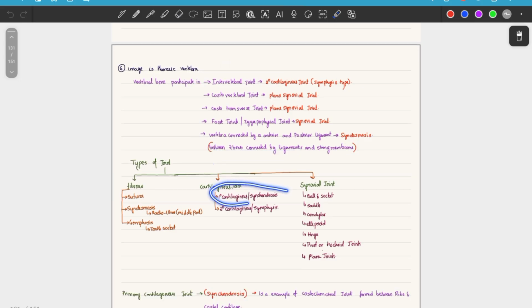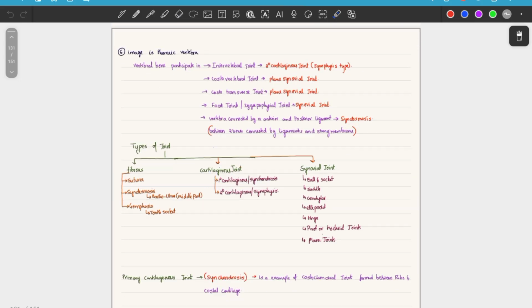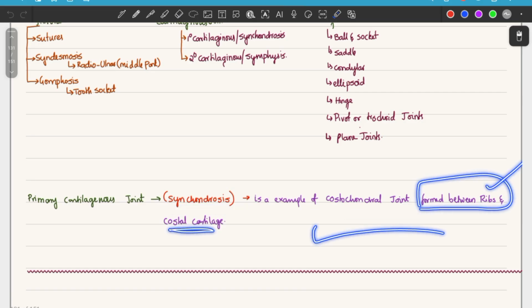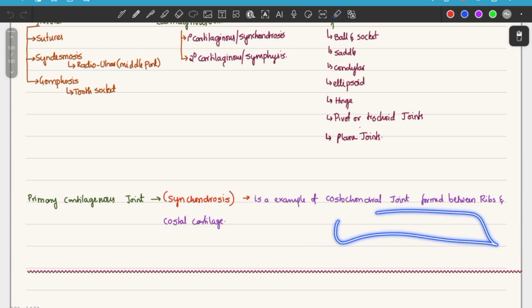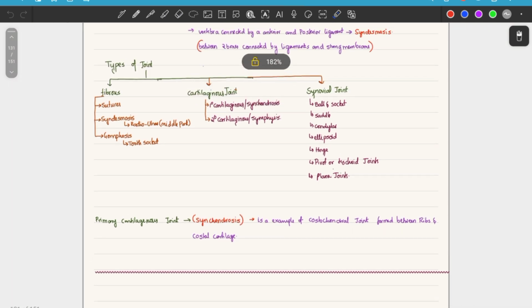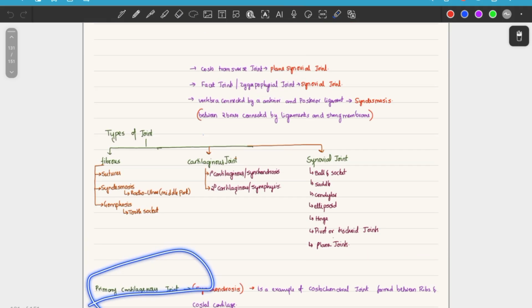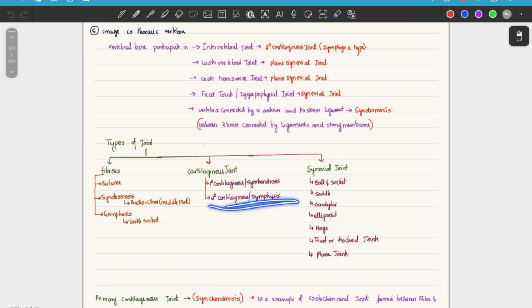The only exception is synchondrosis. Synchondrosis is an example of the costochondral joint that is formed between ribs and costal cartilage. This is the rib. If you see the picture of a rib, you will understand that is the costochondral junction. That is the primary cartilaginous joint. Which is the example of a secondary cartilaginous joint?